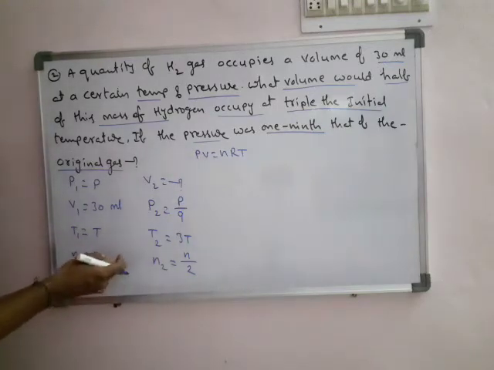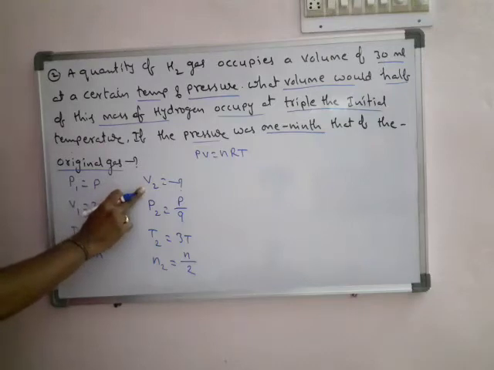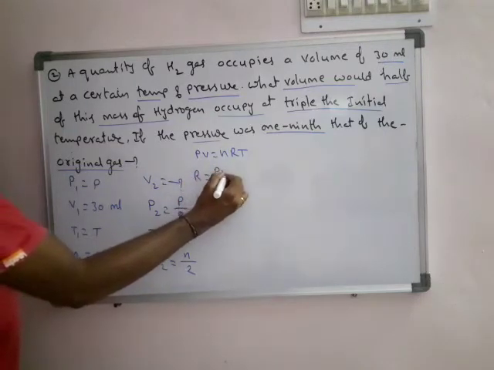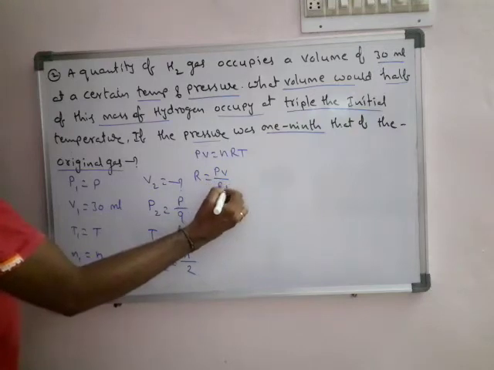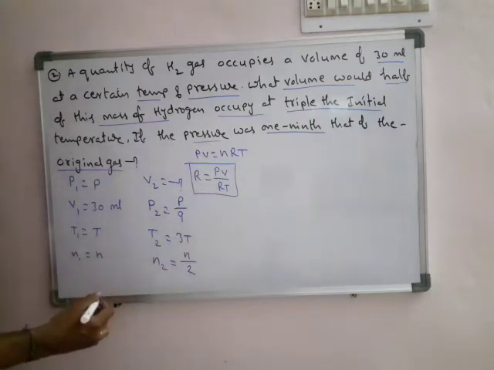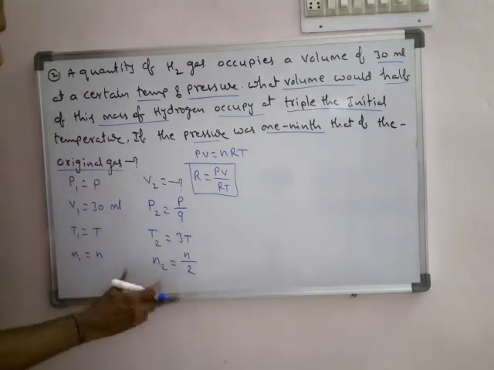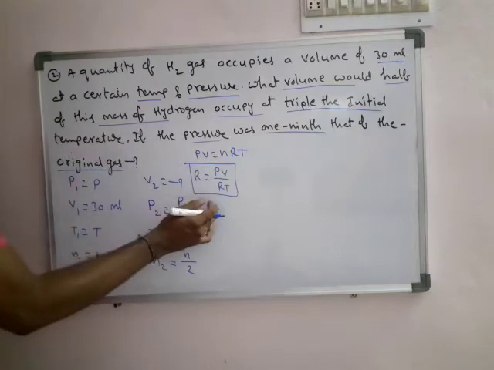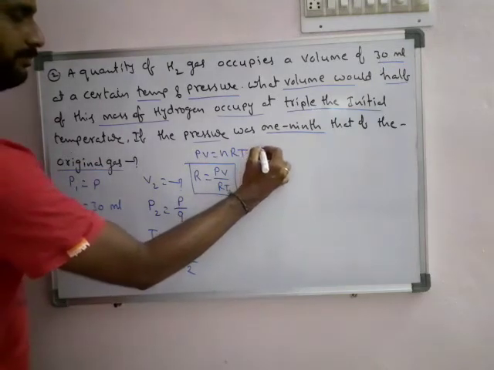All values we know, we just need the V2 value. So we know the R value is the same; in all conditions there is no change in the R value. Now write it first.